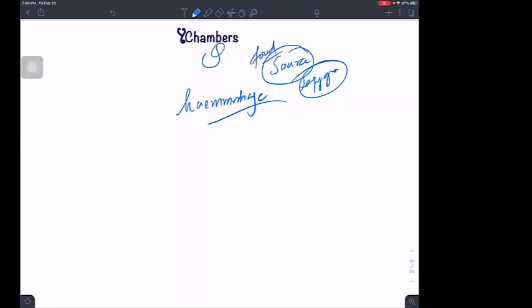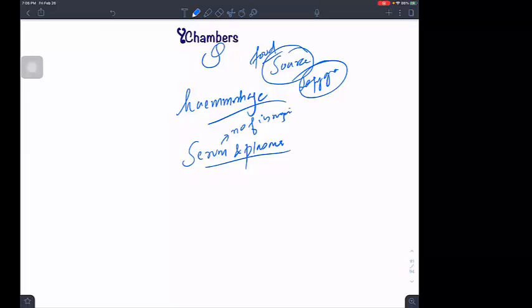What is the difference between serum and plasma? Beautiful answer. But which factors? So serum has no fibrinogen.